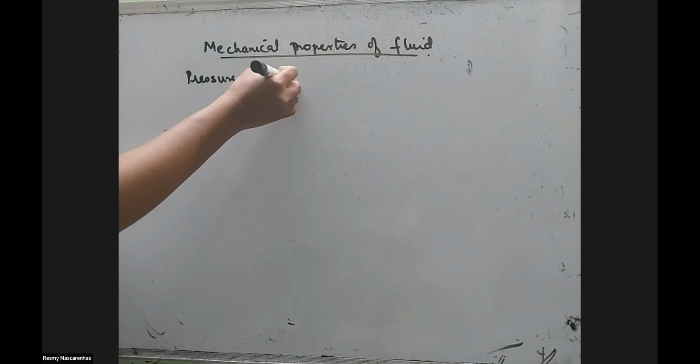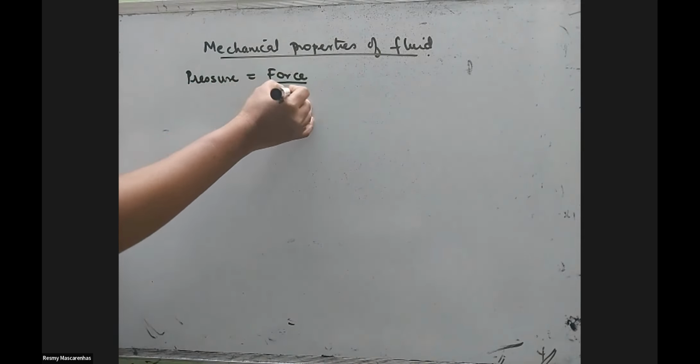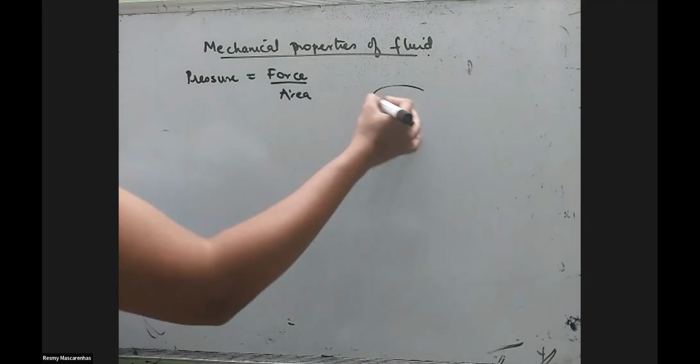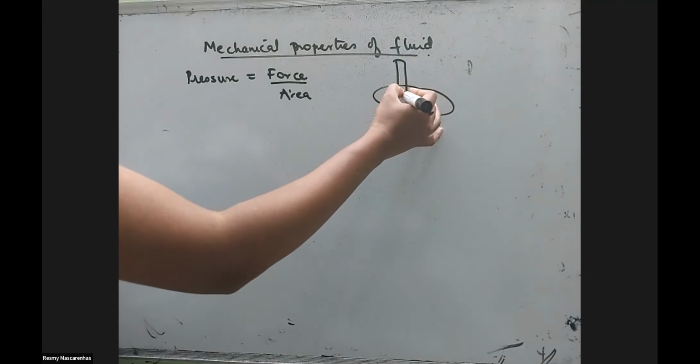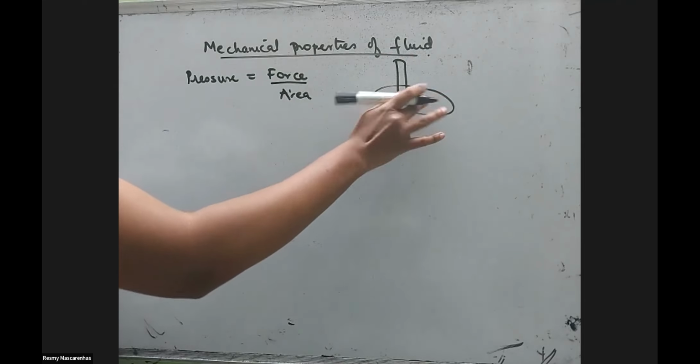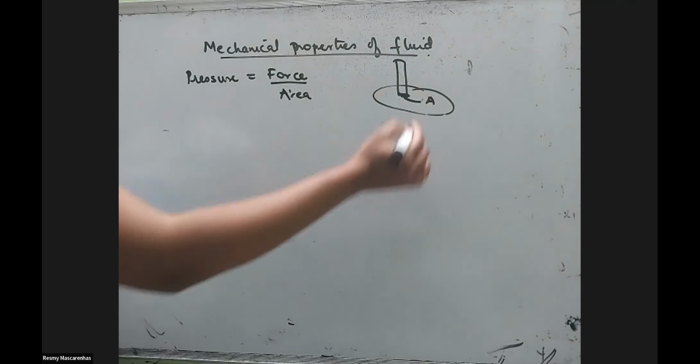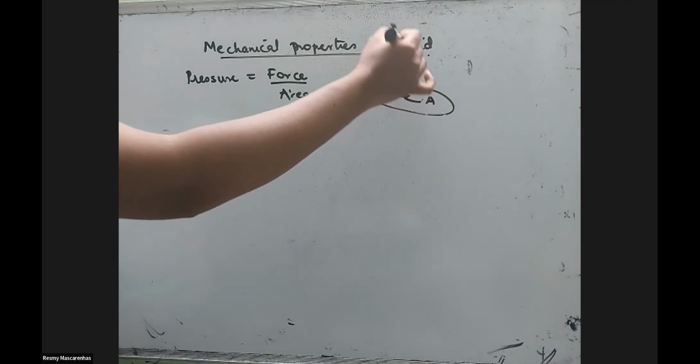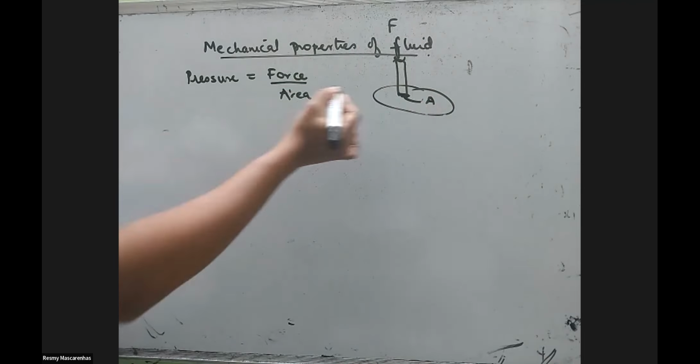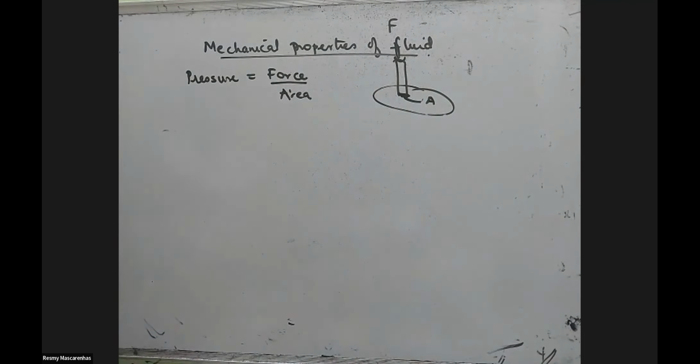Pressure is nothing but force exerted upon a certain area. There's an area, the area in contact with the surface. How much force has been applied on that particular area is nothing but the pressure.